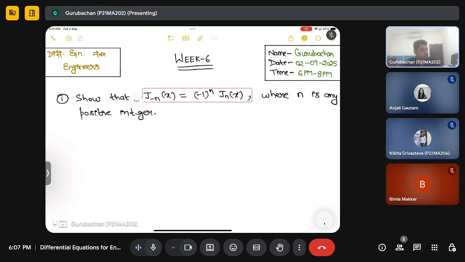As you remember, J n here is the Bessel function where alpha is n. So n is any positive integer.